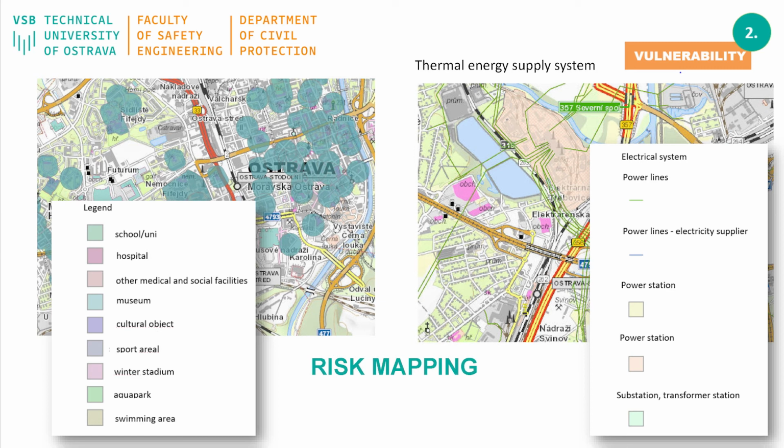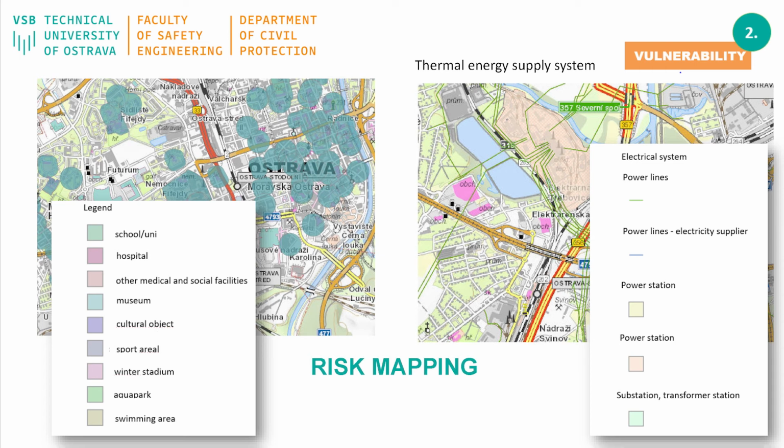Yes, it's very good information. For example, when there is a problem with a flood, we have information on where to take the people to one place. It's for evacuation, for example. I'm very sorry because these are Czech maps.